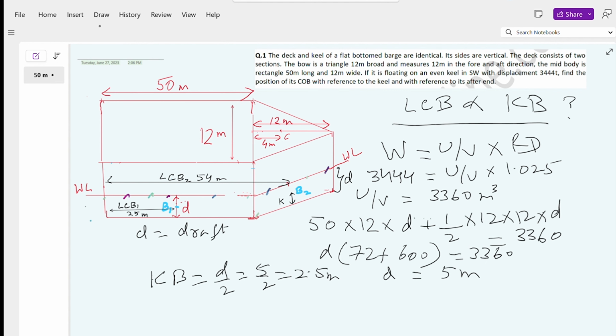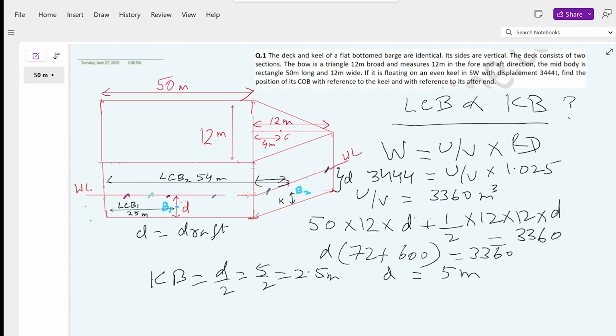So it is 4 meters from the base. Taking reference from aft, the rectangular portion length is 50 meter, 50 plus 4. So LCB2, longitudinal center of buoyancy of the triangular portion from aft, will be 54 meter.